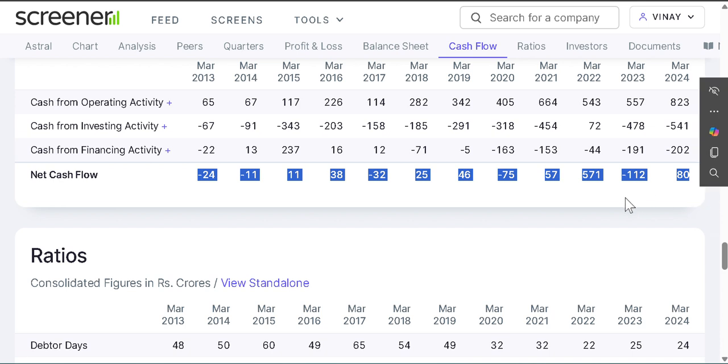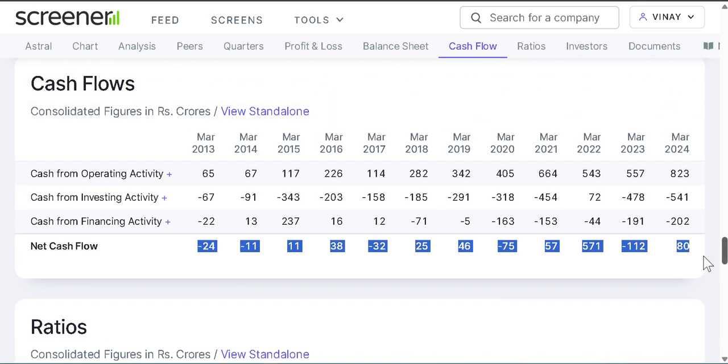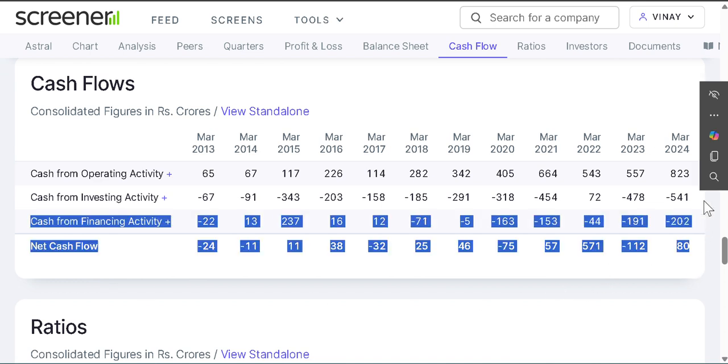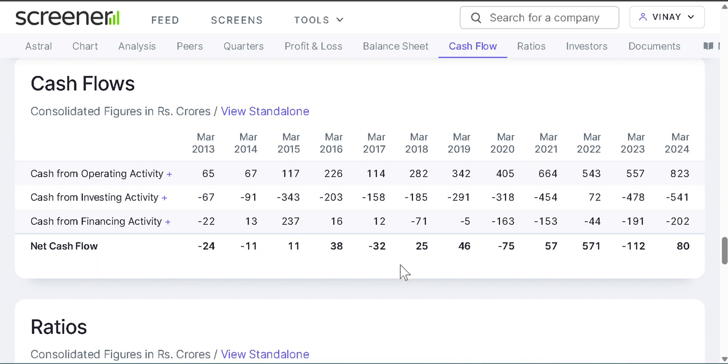Free cash flow is a different term and a different formula is applied, whereas net cash flow is just a cash flow figure in a cash flow statement. So as of now, we will restrict our discussion to net cash flow. I will cover the free cash flow along with the formula in subsequent videos.